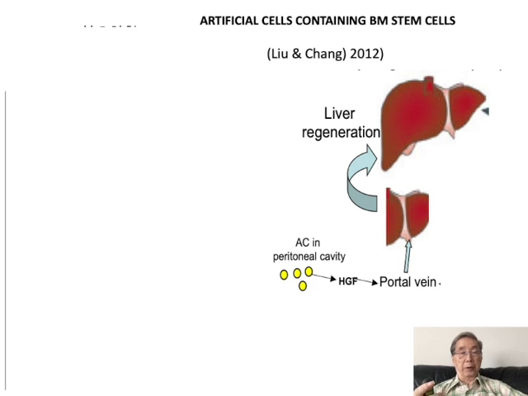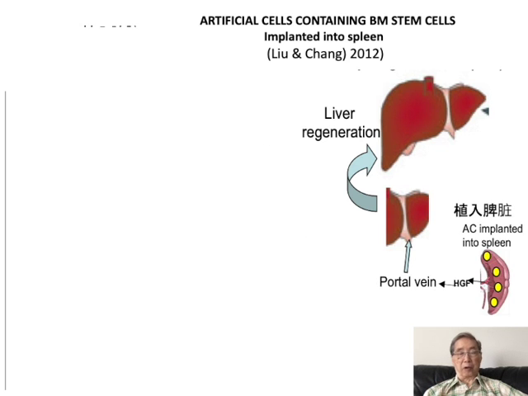So artificial cells containing stem cells could release hepatic growth factor into the portal vein, resulting in liver regeneration. However, injecting artificial cells into the peritoneal cavity may sometimes cause peritonitis. So for practical reasons, I looked at another possibility, asking Dr. Liu to look into transplanting the artificial cells into the spleen.